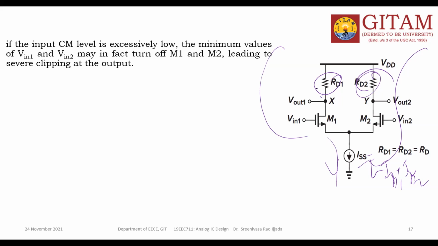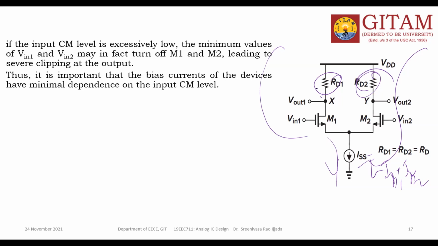If the input CM level is excessively low, the minimum value of VN1 and VN2 may impact the turn on of both the devices. Thereby, some amount of the input signal is clipped and present at the output. So your VCM or common mode value should be such that it keeps the transistors in the turn on position.